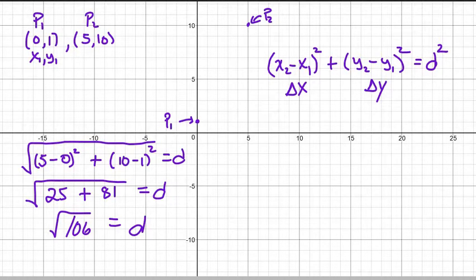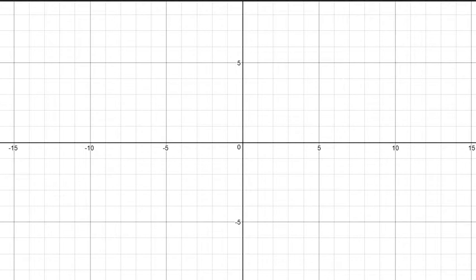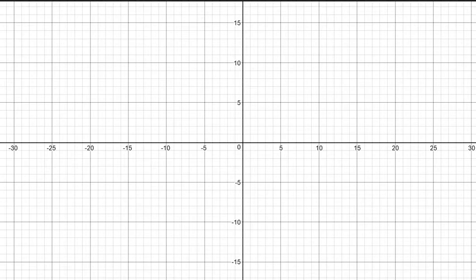What else? Let's see. Let's work another example. What are we going to need to do here? We need to clear. Okay, so let's take a look at another example real quick here. All right. Let's see. I think we're going to need to zoom out on this one.